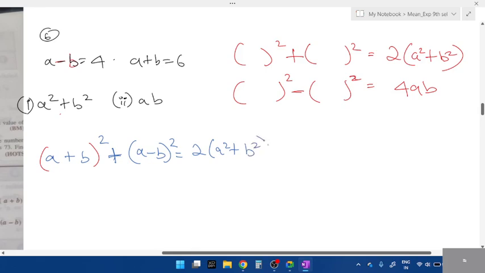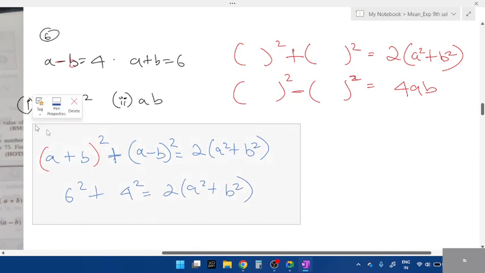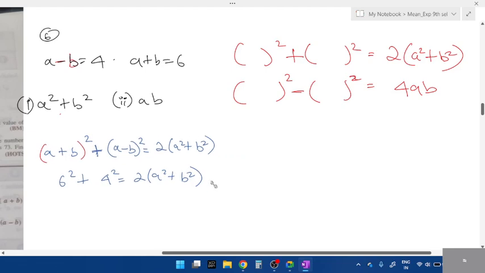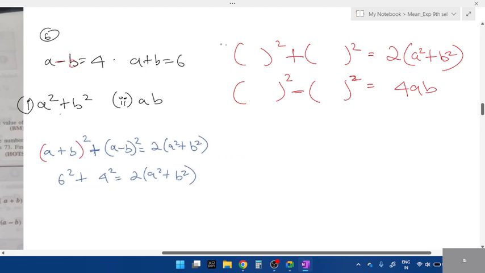Tell me the next step. Okay, if you solve this, which value do we get? a square plus b square. Tell me the next one.